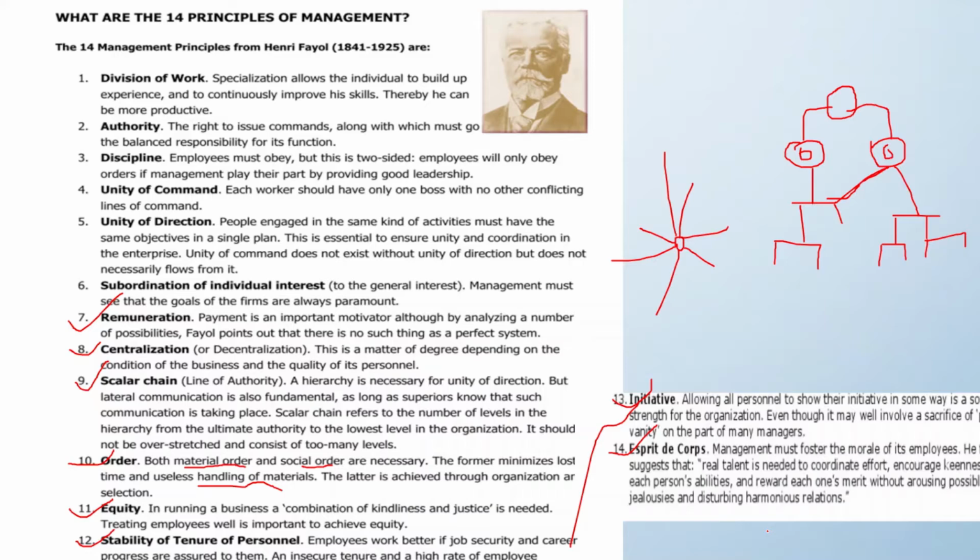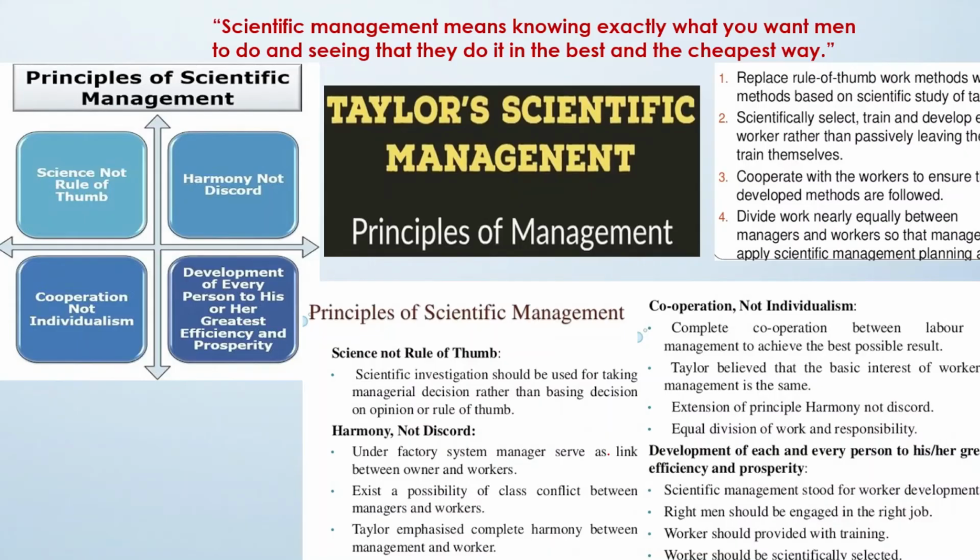Okay, then comes the next one, which is scientific management, principles of management by Taylor. Scientific management means, as Taylor said, you have to be aware exactly what you want from your people to do, and see that they do it in the best and the cheapest way.